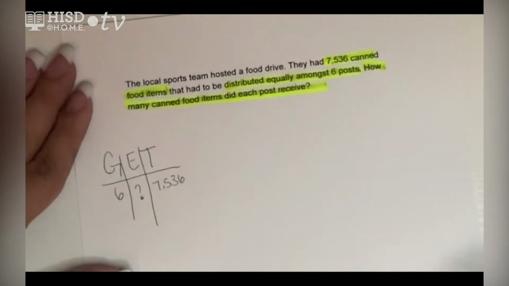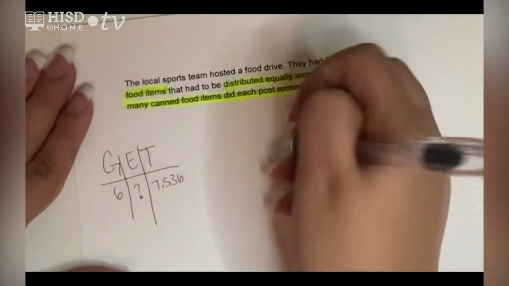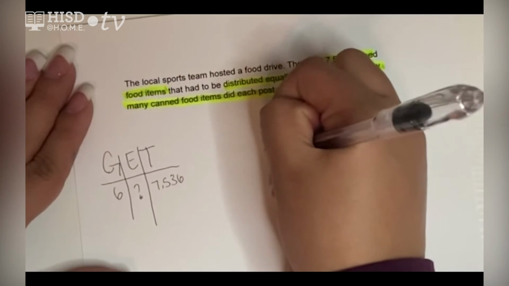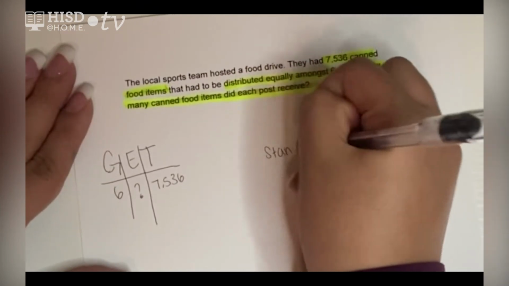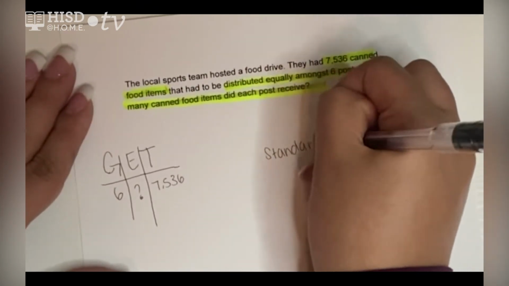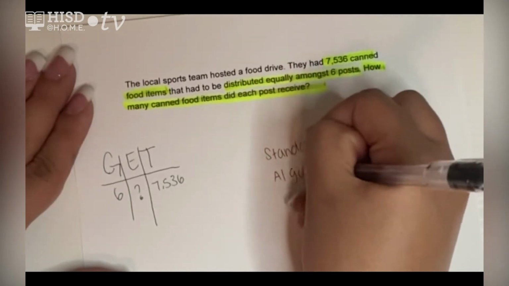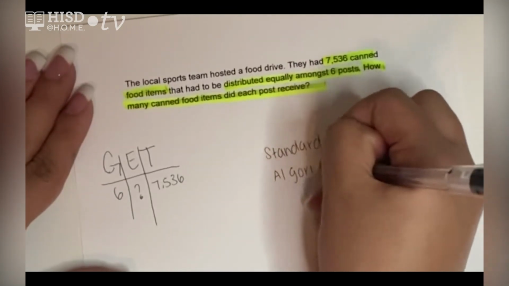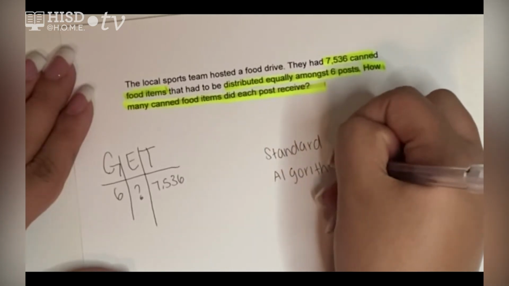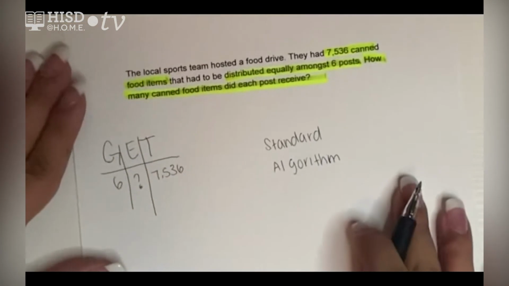All right. So this method, guys, is going to be a little different than partial quotient. This is going to be called the standard algorithm.